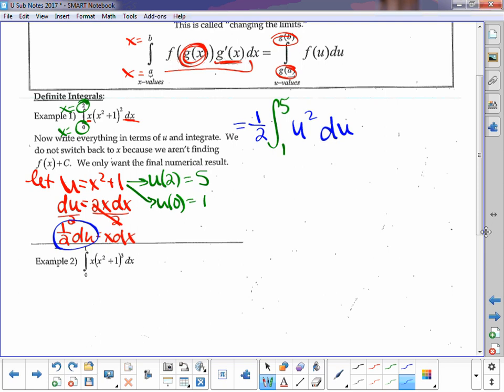So now we just do it like a normal definite integral. You can keep this 1/2 out, you can multiply it in either way. What's my antiderivative of u squared? U cubed over 3. And I want this evaluated from 1 to 5. You have these brackets when you want to evaluate them.